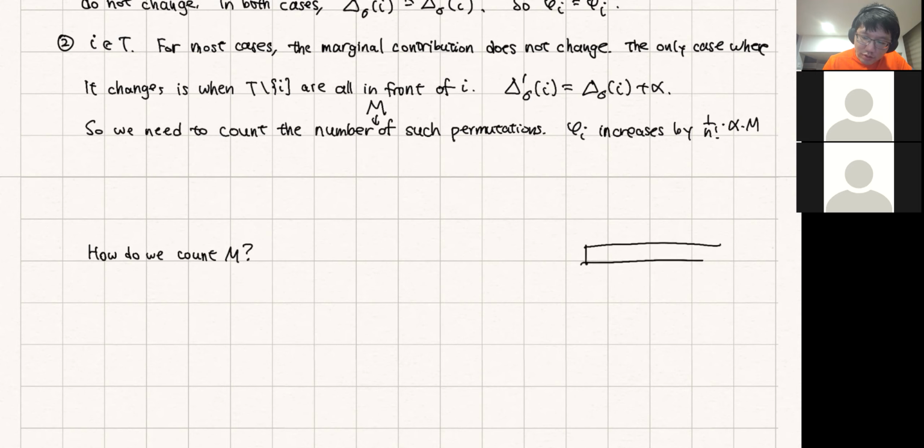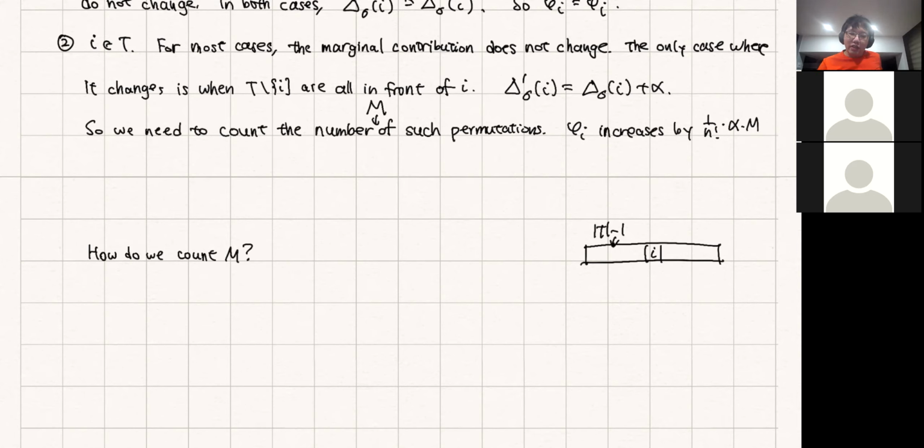Okay, so we have I somewhere in here, and we have t minus 1 elements somewhere in front of it. Everything else has to be arranged in some way. All right.